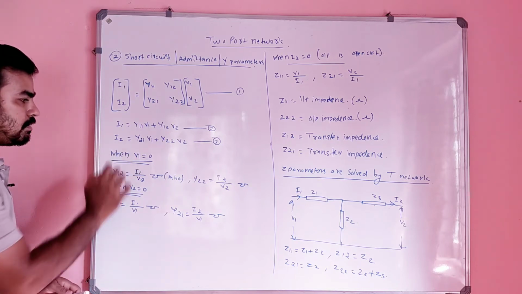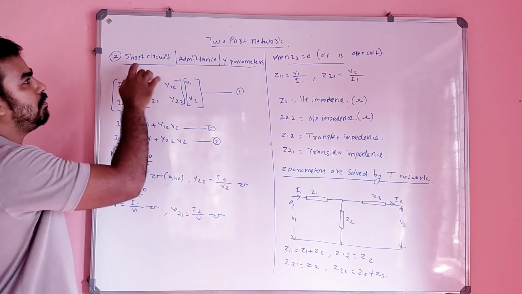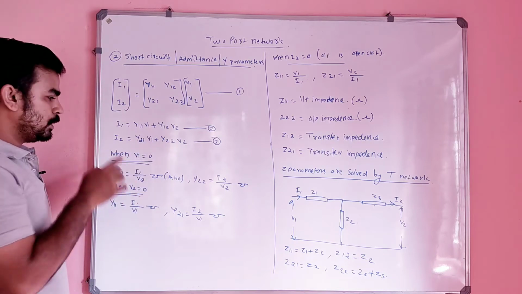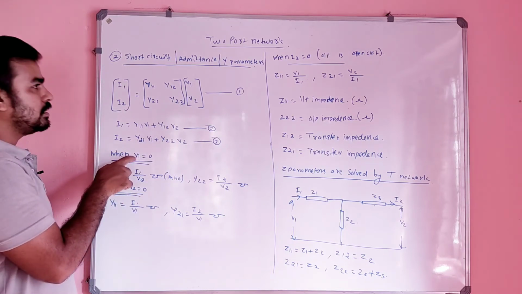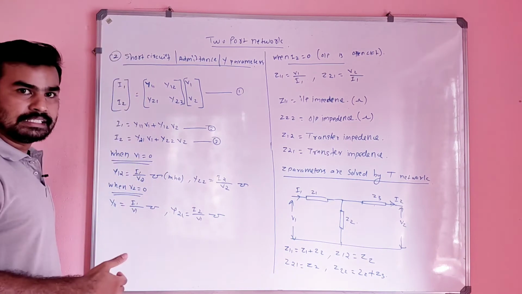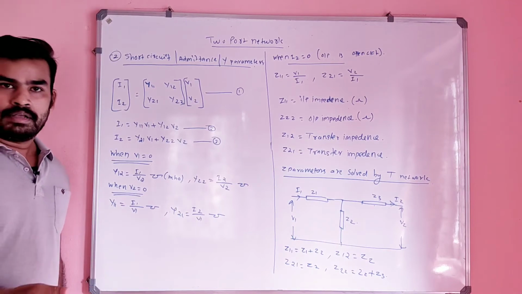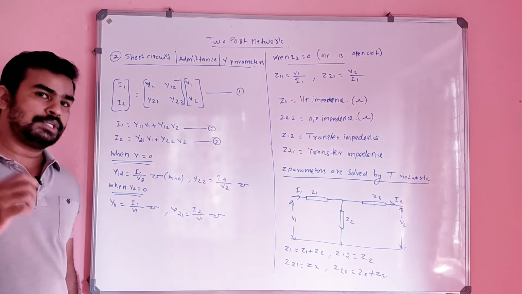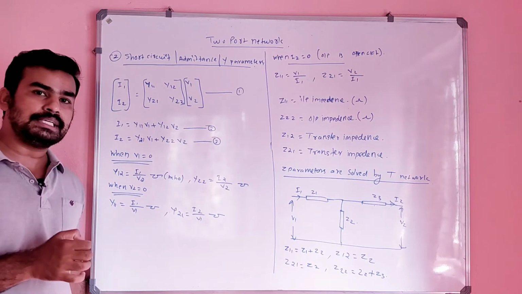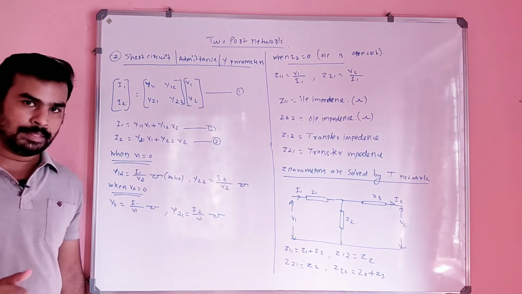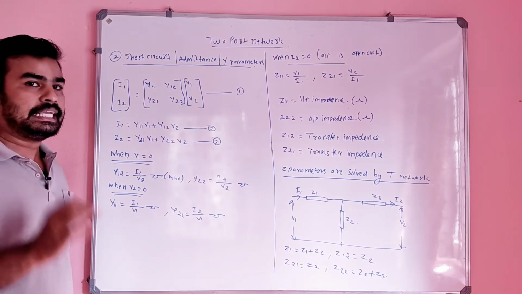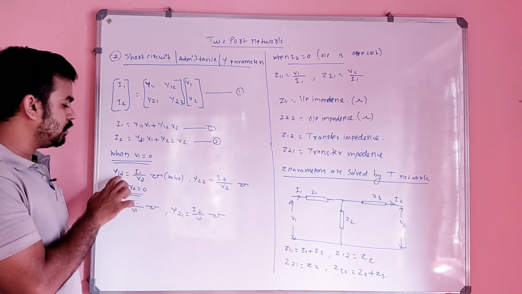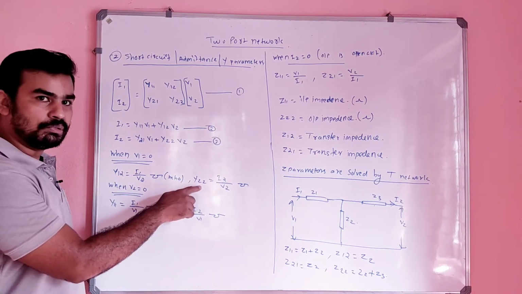So why is this called the short circuit parameter? V1 equal to 0 means making the input port short circuited. Voltage equal to 0 means anything which is short circuited. So V1 equal to 0 is the condition in which we got the values of Y12 and Y22.